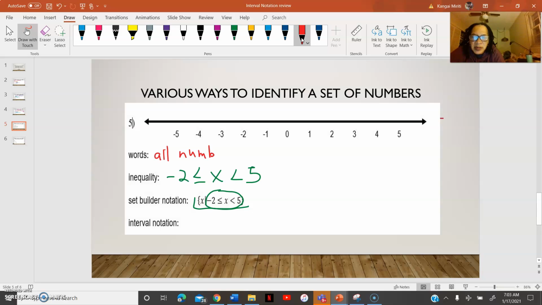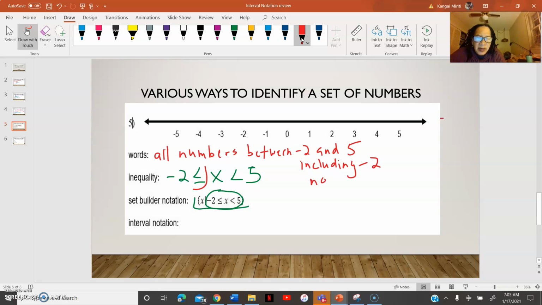So all numbers between -2 and 5. But this time we are including -2 because it says less than or equal to, but not including 5.